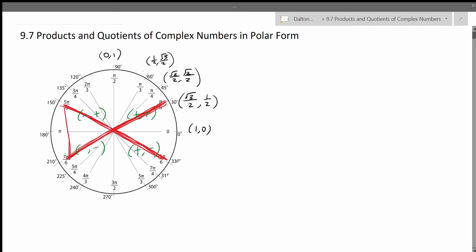All four of those angles will have these same two coordinates, but their signs would change based on the quadrant that it's in.